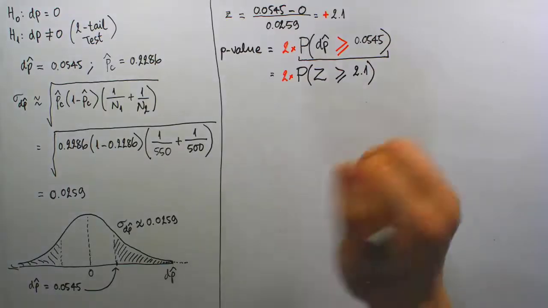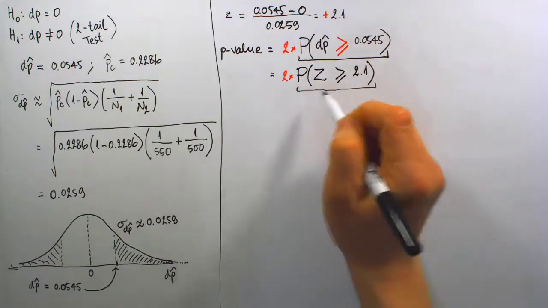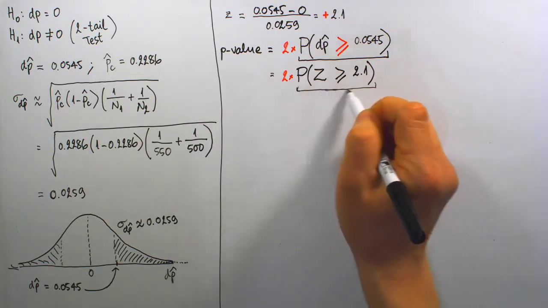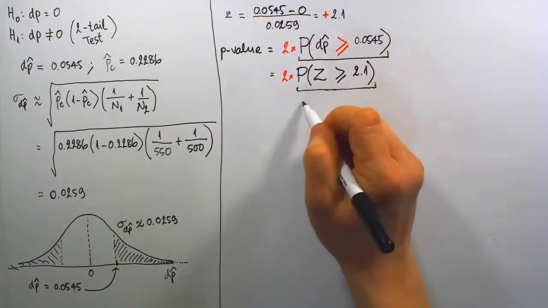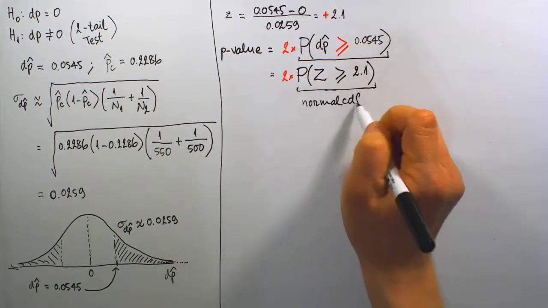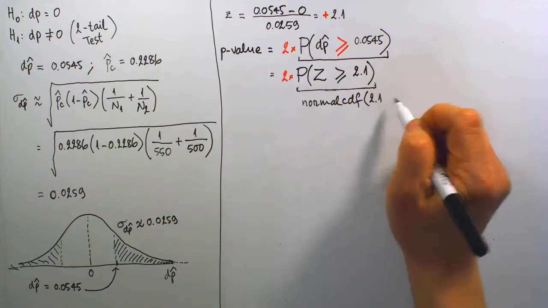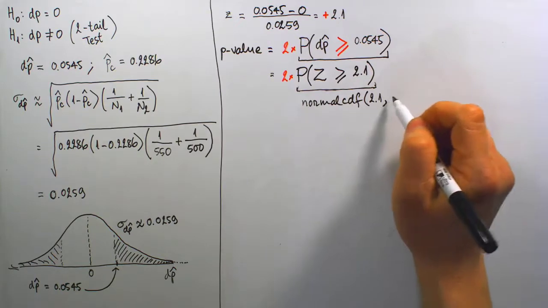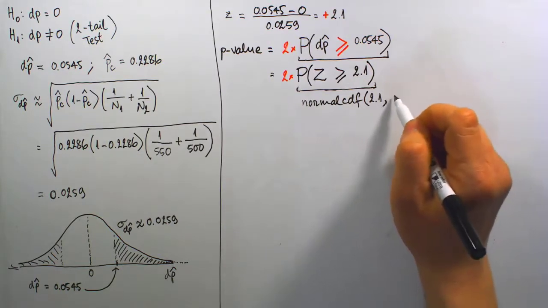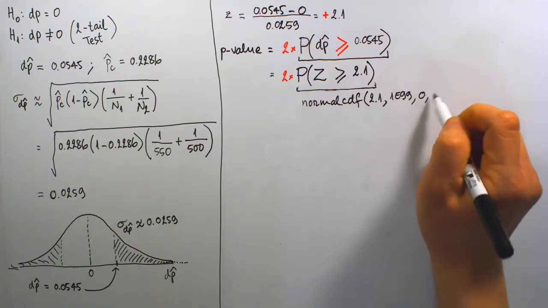And so just that probability here, again, as I have explained, to calculate that, we ran the normalcdf command. And so allow me to spend a minute here to complete the command for that program. 2.1, positive 1E99, comma 0, comma 1.